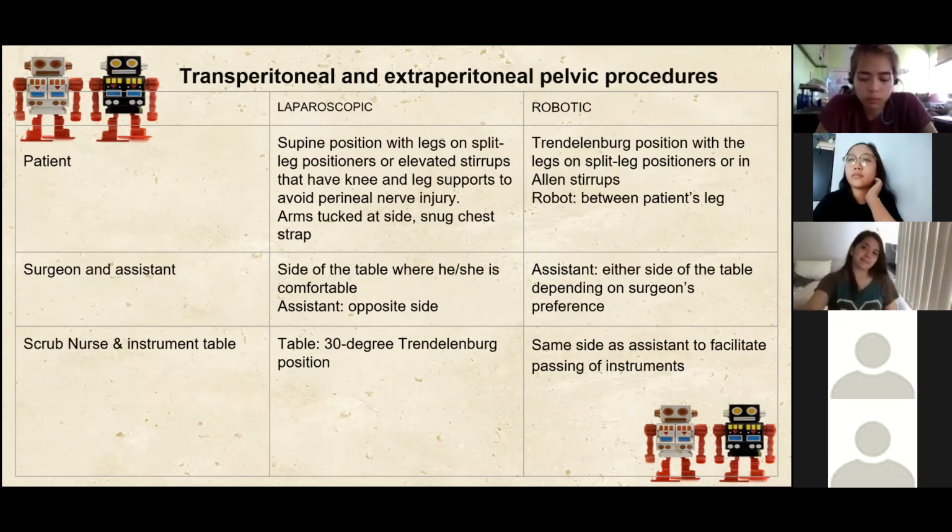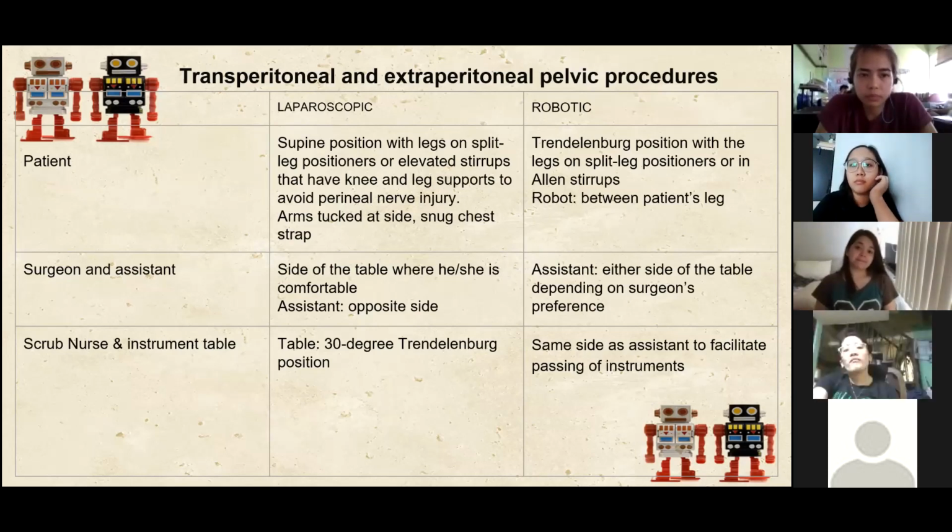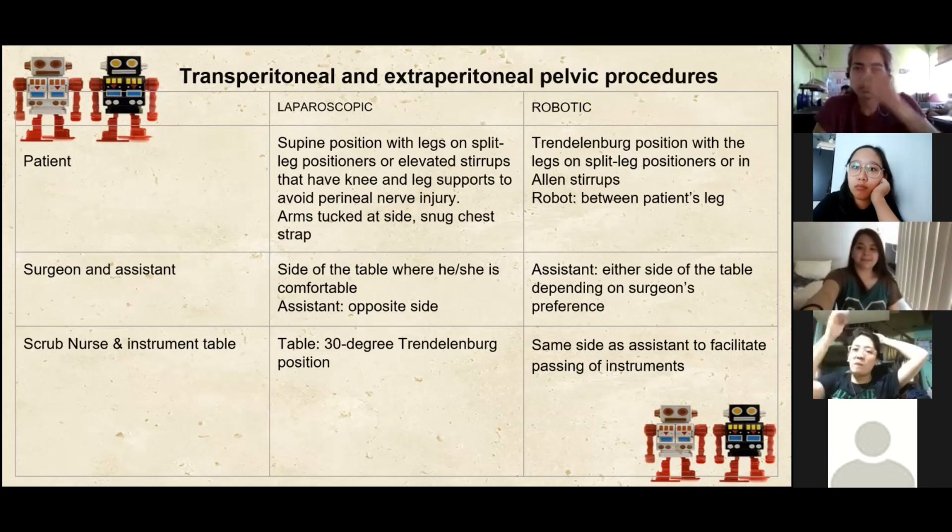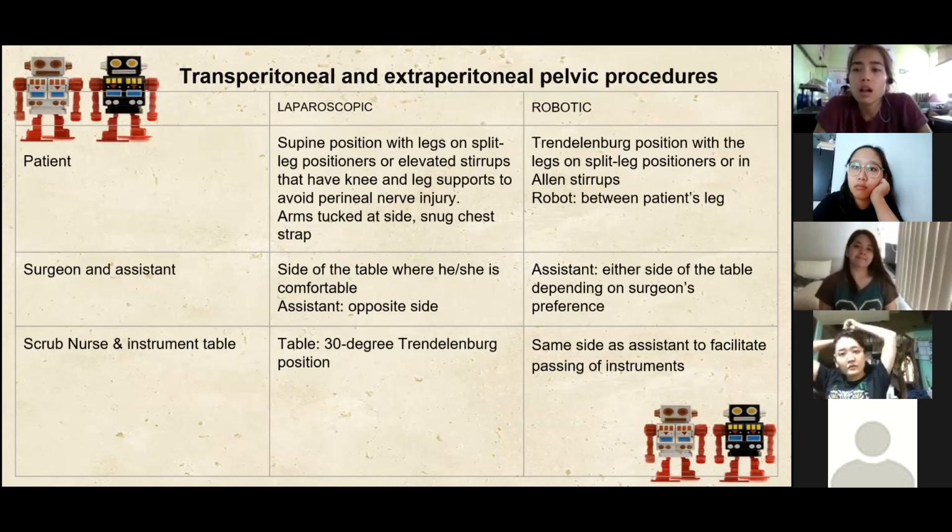For your scrub nurse and instrument table, the table must be at 30-degree Trendelenburg position. For your robotic, the patient must be at Trendelenburg position with the legs on the split leg positioners or in Allen stirrups, and the robot will be between the patient's legs. The assistant is on either side of the table depending on the surgeon's preference, and the scrub nurse and instrument table at the same side as the assistant to facilitate passing of the instruments.